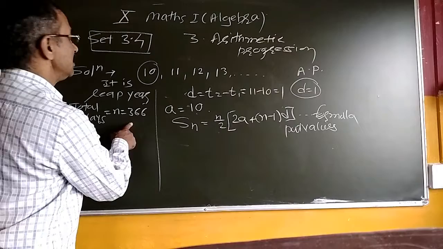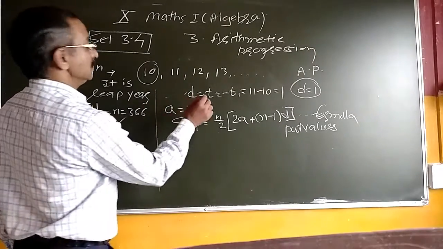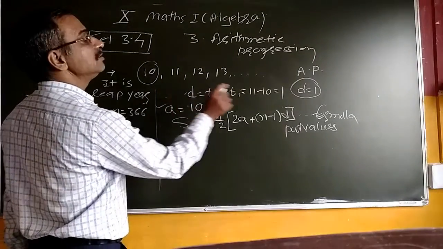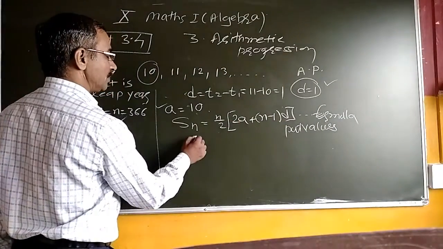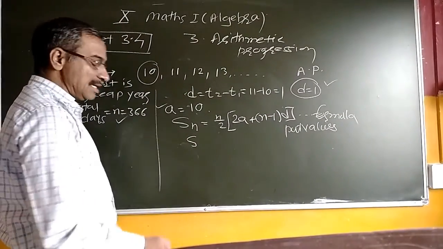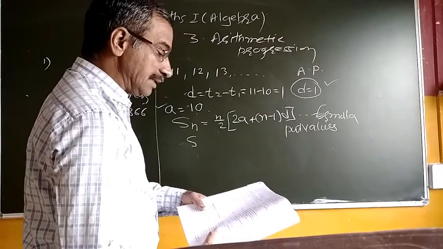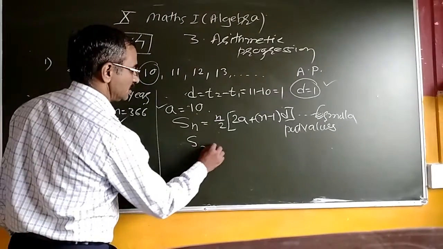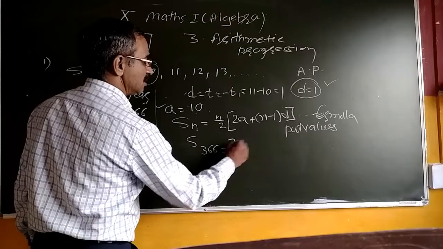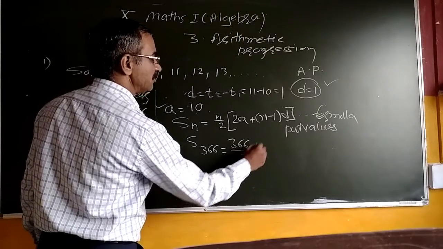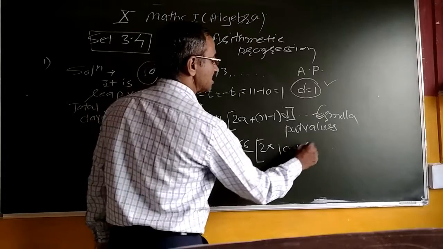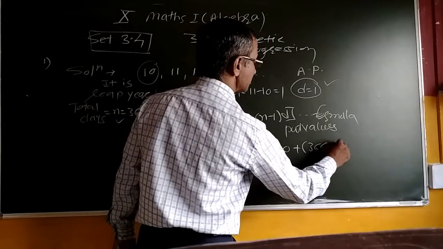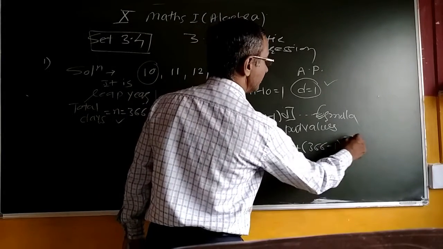So here we take the value of n is equal to 366, a's value is 10 and d's value is 1. So by putting this, S366 is equal to 366 by 2, into 2a, where a's value is 10, plus 366 minus 1, and d's value is 1.